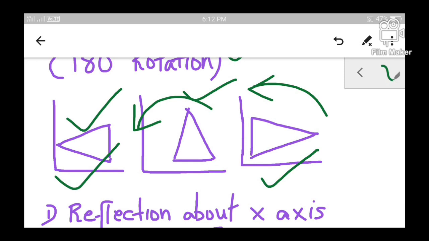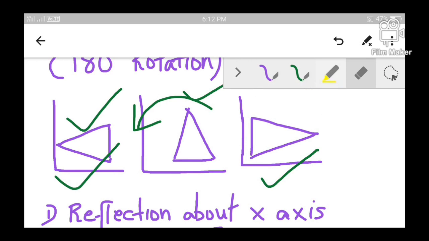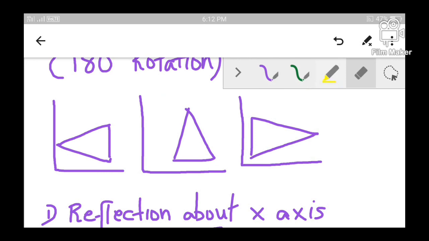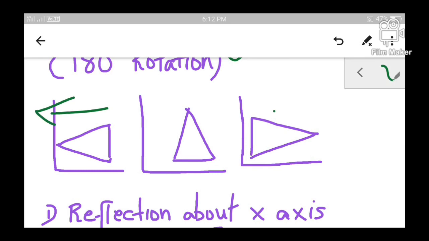When an object is rotated by 180 degrees, the result is quite similar to that of a mirror image of the object. Now the object is pointing towards this direction. Initially it was pointing towards this direction. That means a left-pointing triangle has now become a right-pointing triangle.